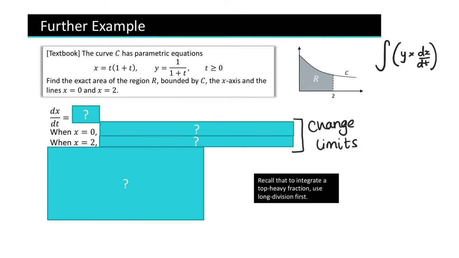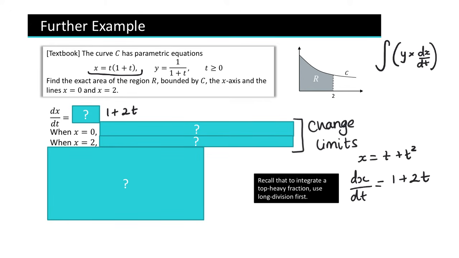Okay? This is what we're actually going to do. So, first of all, we're going to differentiate x. So if x equals, and I'm going to expand this out, t plus t squared, my differential of x with respect to t is 1 plus 2t.